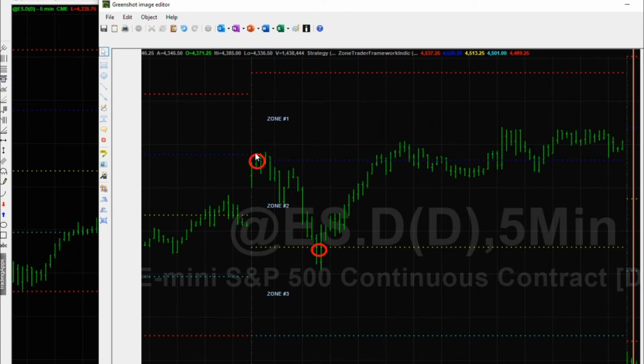We're going to skip the first one and go to the second crossing. So zone 2 crosses into zone 1, and then crosses back into zone 2. That's what I'm concerned with. And then down here, it crosses into zone 3, and in this case, it immediately crosses back into zone 2.